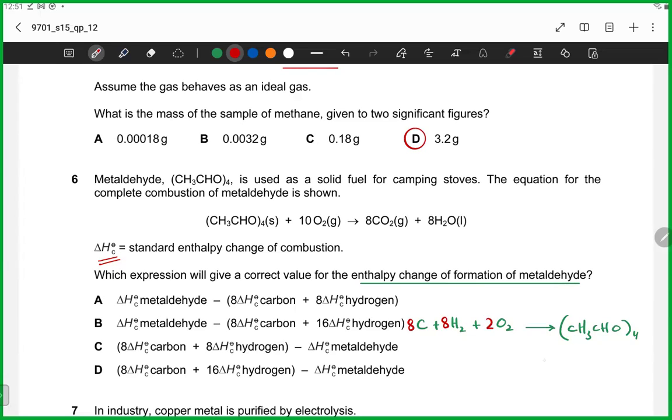Okay, how would you calculate the enthalpy change? He's asking for the enthalpy change of this reaction. Is it going to be C or D?